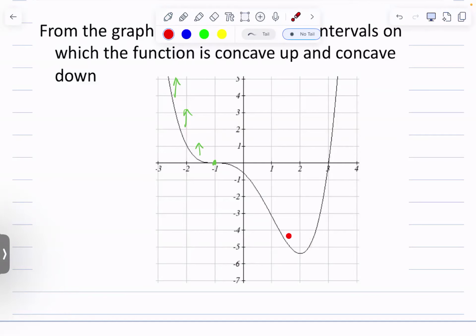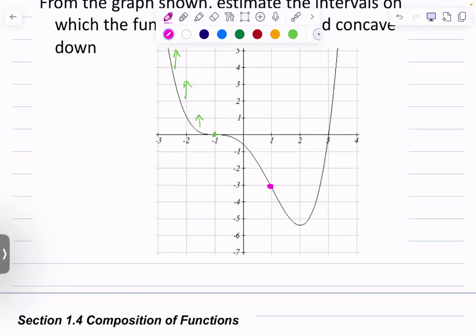But what happened here? At some point, it had to switch and be concave up again, right? And so that'll be our inflection point. And for simplicity, let's say it's here. Right. And so we've got these turning points where we go from concave up to concave down and then up. Nothing happens here, right? It's still up, up, up. In fact, it stays concave up after that point. Huh?